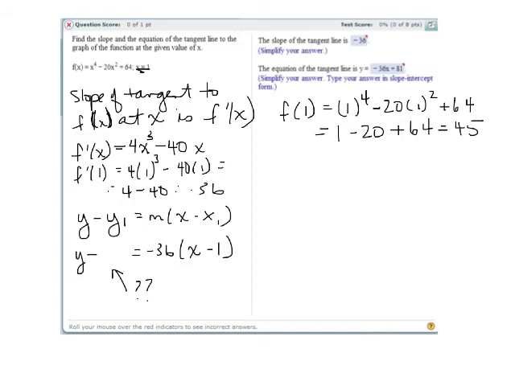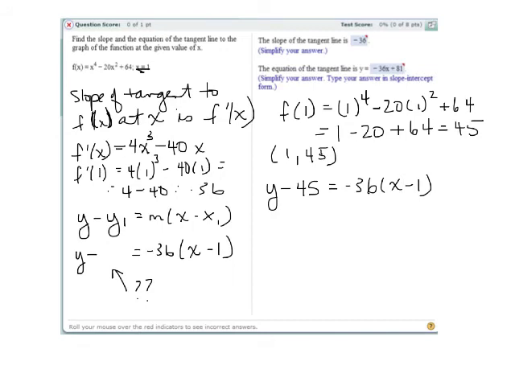All right, so now I have the point 1 comma 45. So now I can plug that in for y minus 45 is equal to negative 36 times x minus 1.